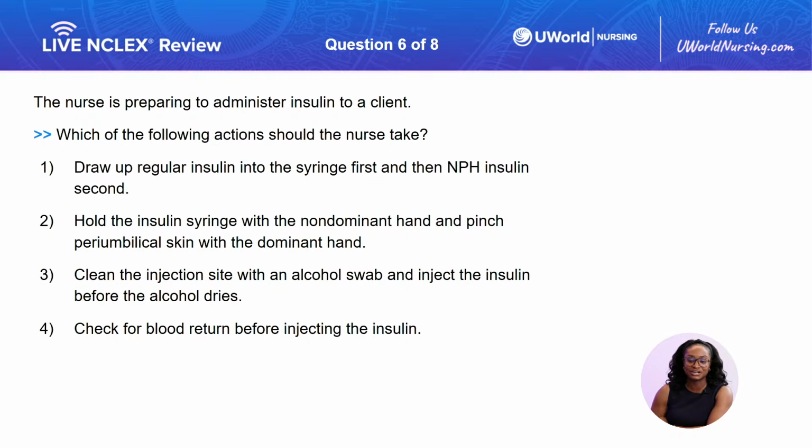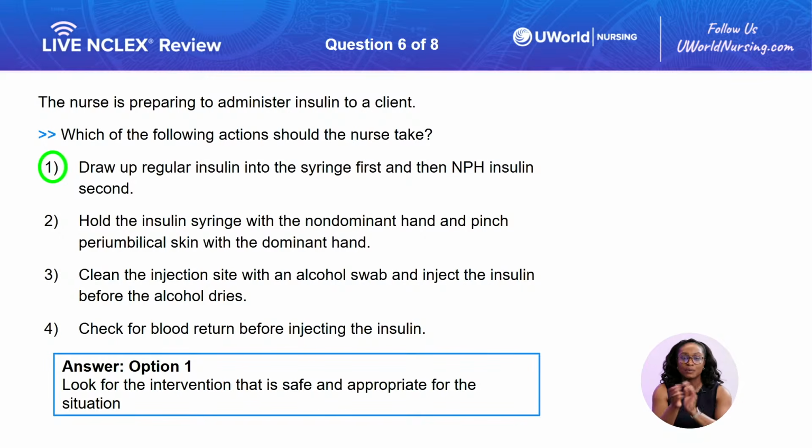Okay, correct answer, like a lot of you guys have put in the chat, is option 1. So we went from negatively worded questions back to regular positively worded questions. Which of the following actions should the nurse take? Meaning this is what we do want the nurse to do. So drawing up regular insulin first and then NPH insulin is the correct order of drawing up insulin if you are mixing. I feel like nowadays we don't mix as often because we have those auto inject insulin pens now.